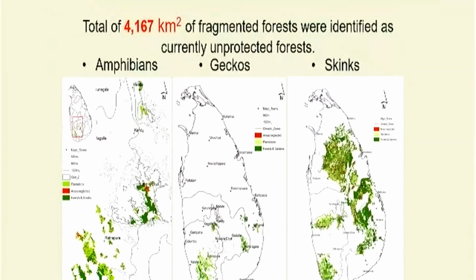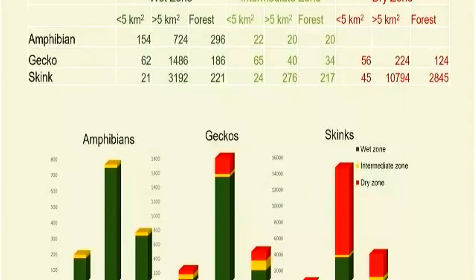Some spaces could not be protected because some of the lands are urbanized and buildings were constructed, though the climatic layers and all the other factors are favorable for that species. The red color areas are those we cannot go for further protection.